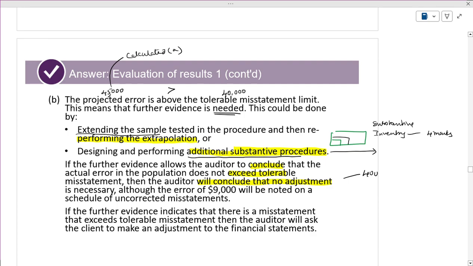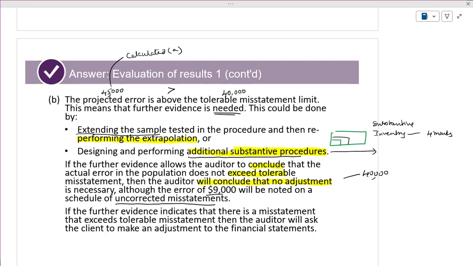See scenario B, question B. On that question B only you have to conclude. The tolerable limit is 40,000. Then the auditor will conclude that no adjustment is necessary. The error will be noted as a schedule of uncorrected misstatements.